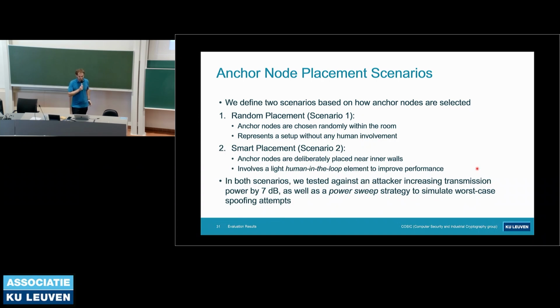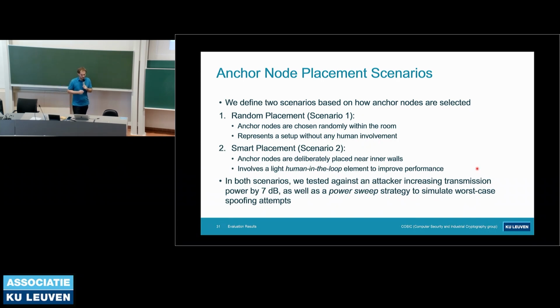In both scenarios, we tested against an attacker that increases transmission power by 7 dB. That's basically the most natural thing the attacker would do. If you're outside the room, you have a wall in between, a bigger distance, maybe some furniture, and approximately 7 dB is the loss you would get by transmitting from the outside.